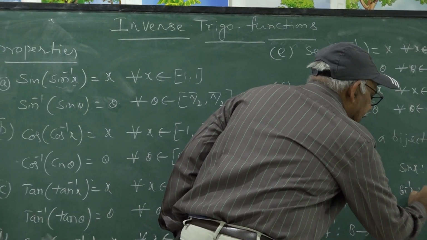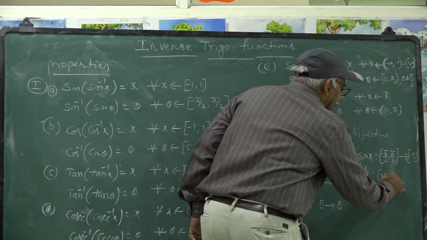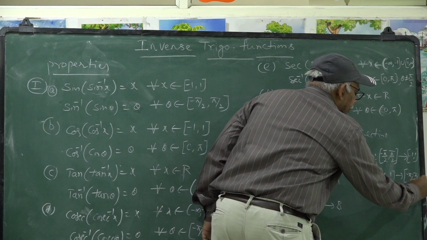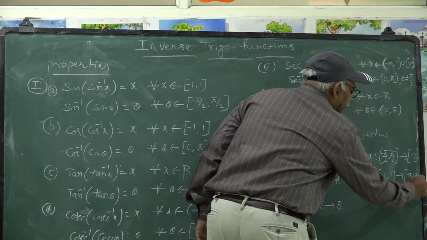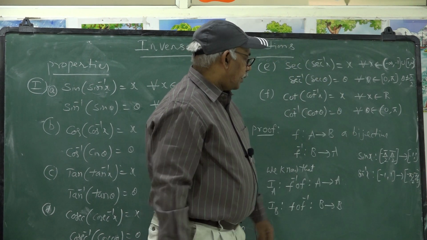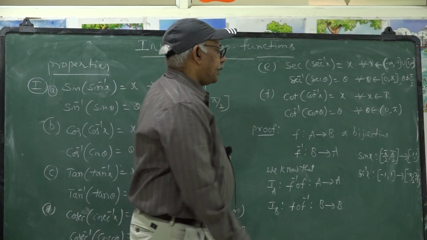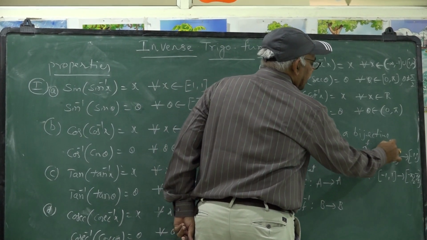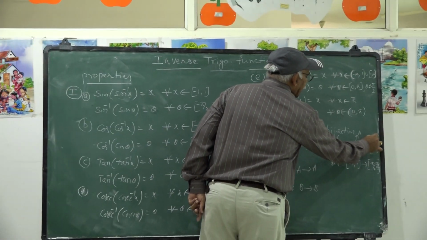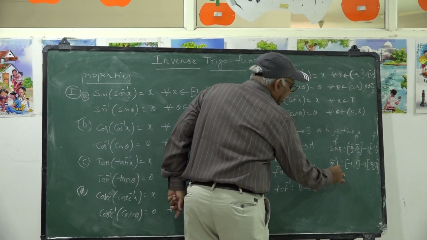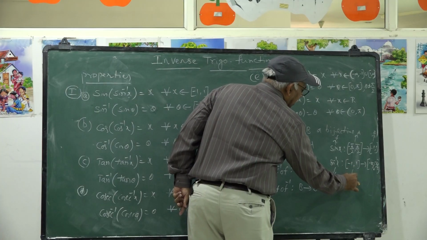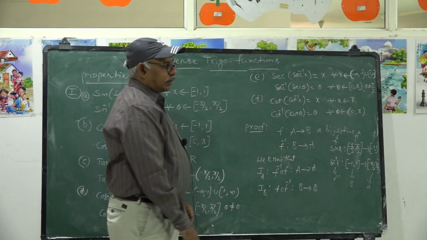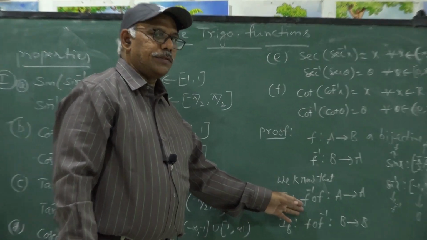Sin inverse x is defined from [-1, 1] to [-π/2, π/2]. Let us consider this interval as A and this interval as B, so that f inverse goes from B to A. Now apply this concept.